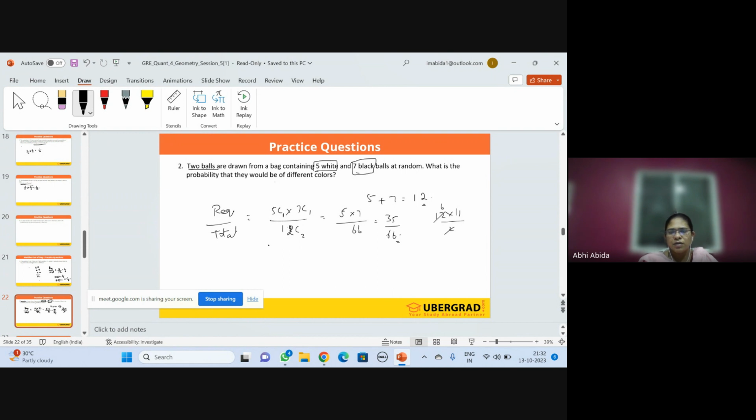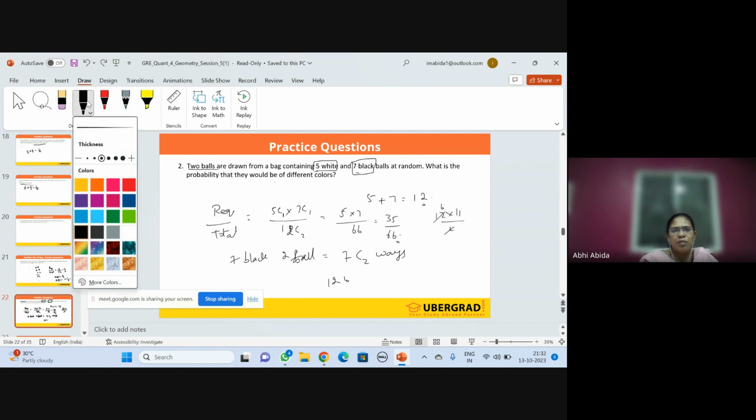Selection. The combination concept was discussed yesterday. I told you whenever there are 7 balls or anything and we have to select 2 from that, 2 balls from 7 balls, how to select? 7C2 ways we can select. If there are 12 balls, we need to pick 2 balls from 12 balls. In how many ways can we select?